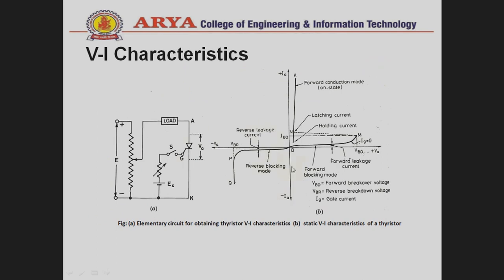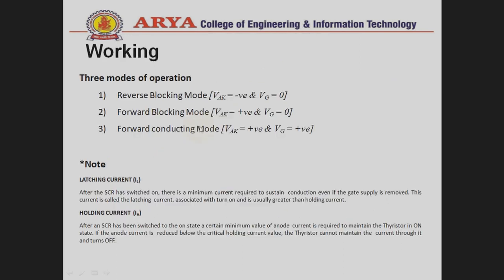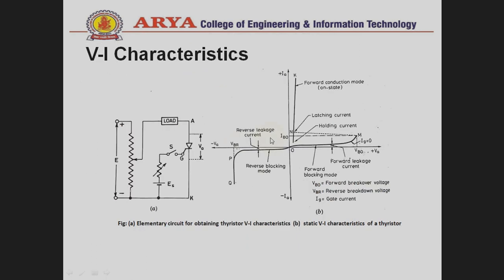So in this diagram, when the gate has no voltage and the anode terminal is connected with the negative and cathode with the positive, then it works in the reverse blocking mode.